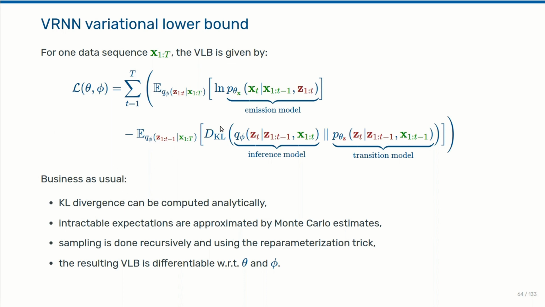So while the KL divergence can be computed analytically, the expectations cannot be computed analytically and have to be approximated by Monte Carlo estimates. This has to be done in a recursive way, and of course using the reparameterization trick. By using all these, the resulting expression of the variational lower bound is differentiable with respect to both the parameters of the generative network and of the inference network.